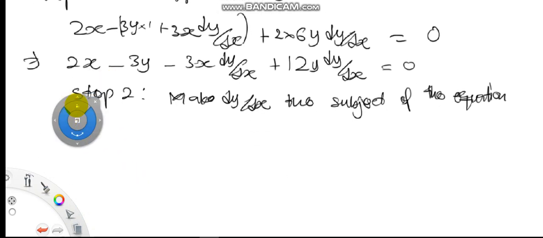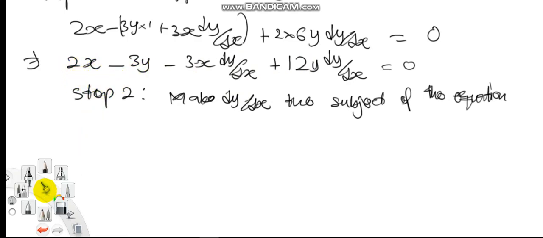So let's see how we go about that. We already have the minus 3x dy dx here. We just need to move these other two terms to the other side. These two terms we have to move onto the other side of the equation.